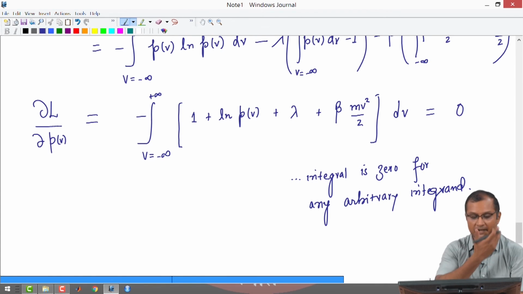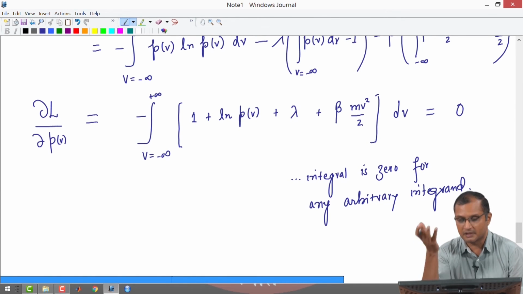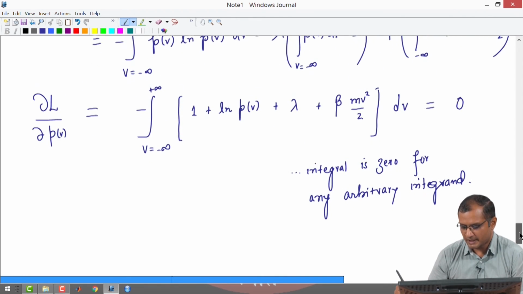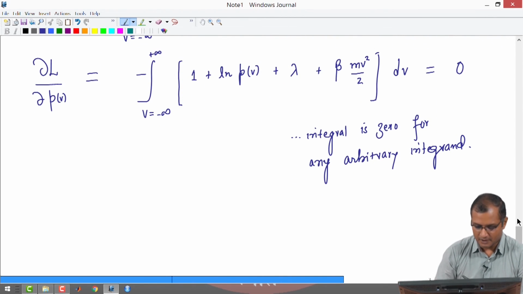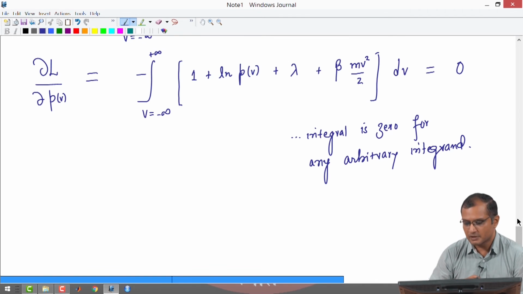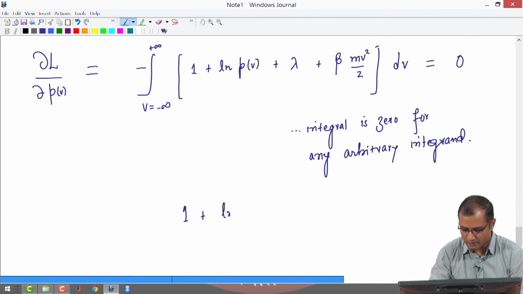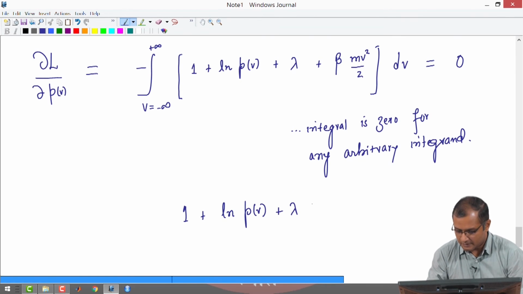We have not specified that P of v has to be a certain type, and only then is this 0. So, for this entire integral to be 0, my integrand has to be 0. Which means I will write down my integrand as 1 plus ln P of v plus lambda plus beta mv square by 2 equals 0.